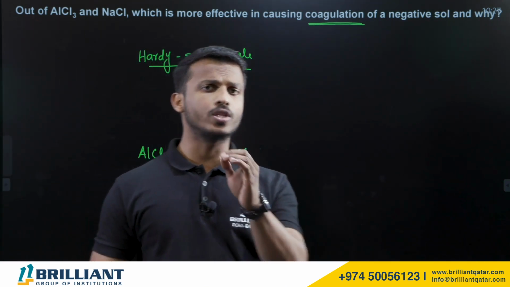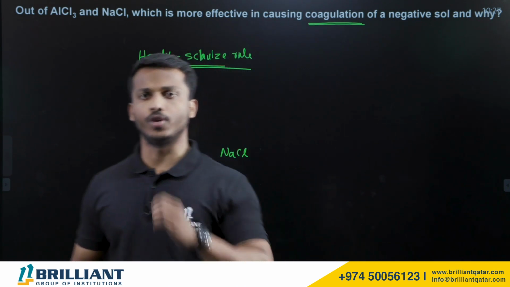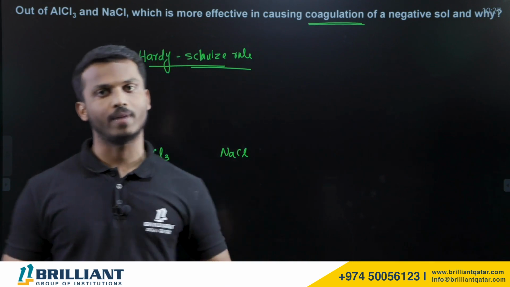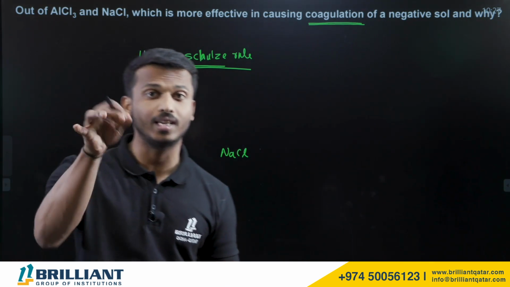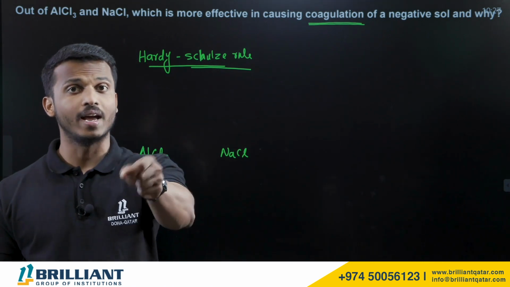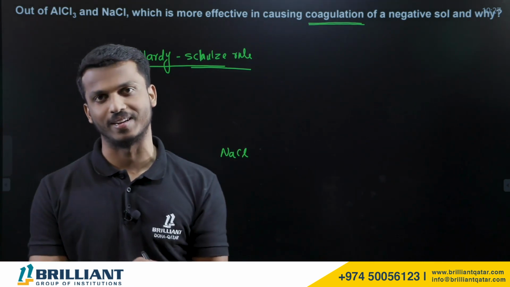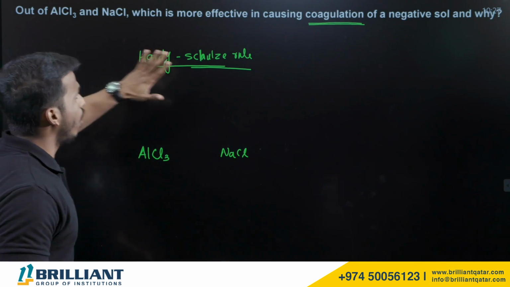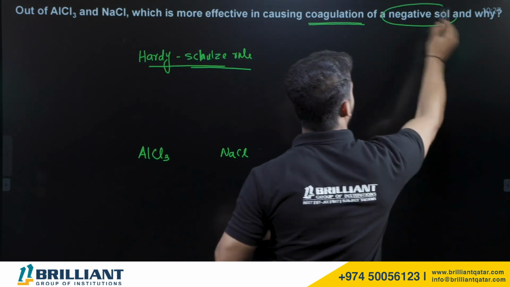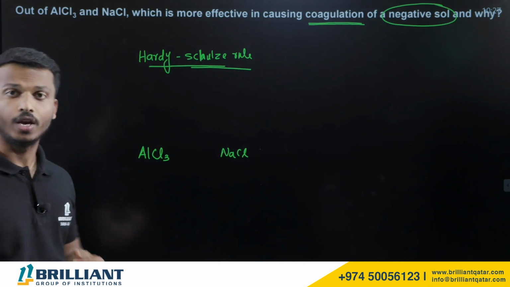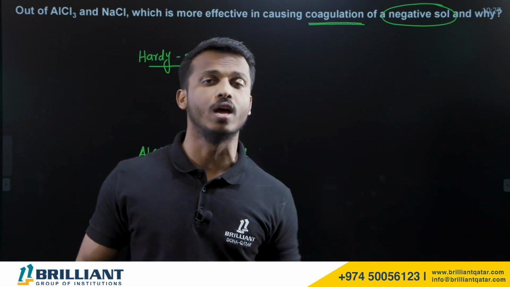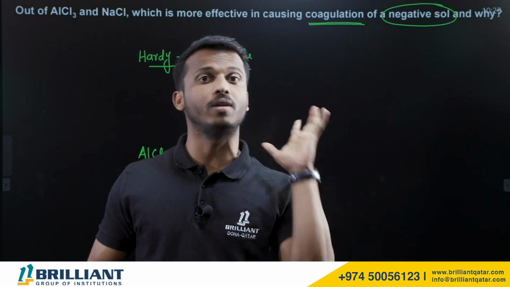If you have a positively charged colloid, we should add a negatively charged electrolyte to coagulate it. And the opposite: if you have a negatively charged colloid and you want to precipitate it, you have to add a positively charged electrolyte. Here you are going to coagulate a negative sol, so we have to add a positively charged electrolyte.